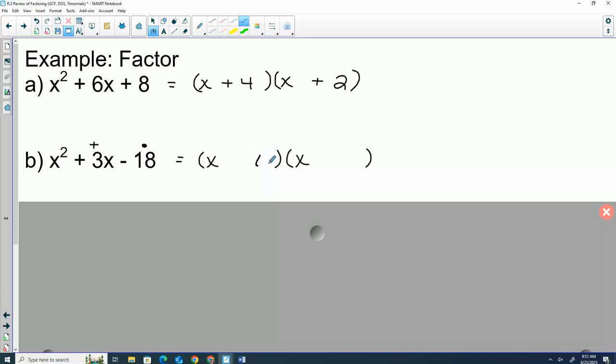Okay, 6 times 3 is 18. If we want it to be negative, one of those has to be negative. Since we want a positive 3, the bigger one is positive, the smaller one is negative. 6 times negative 3 is negative 18. 6 plus negative 3 is 3.